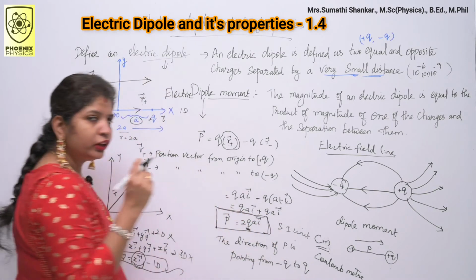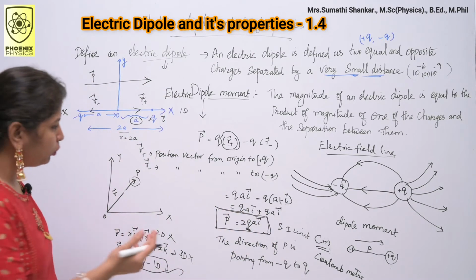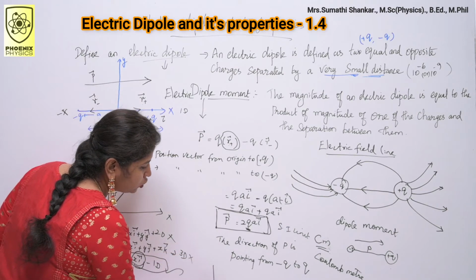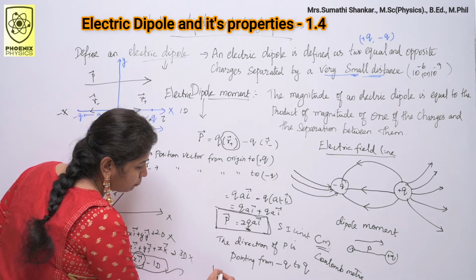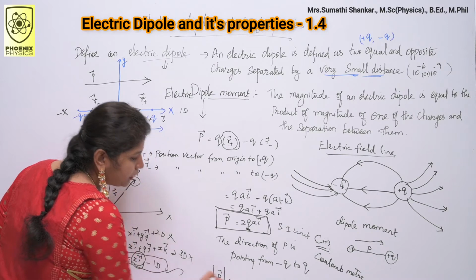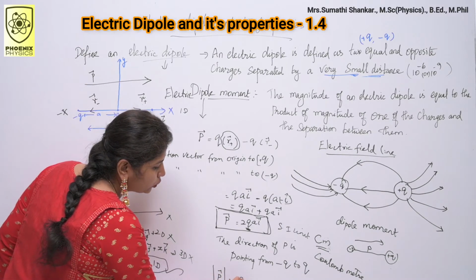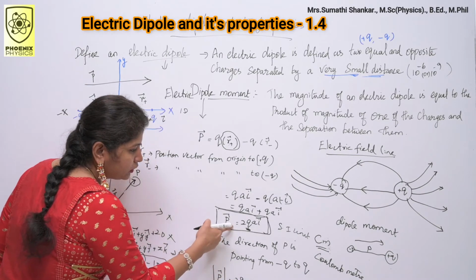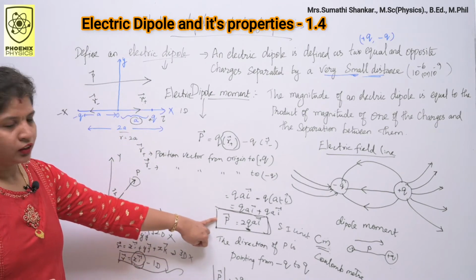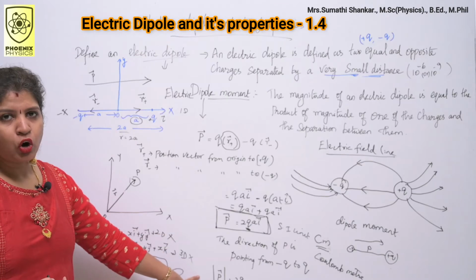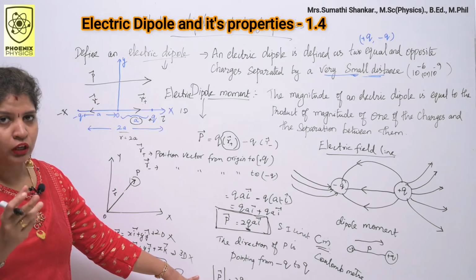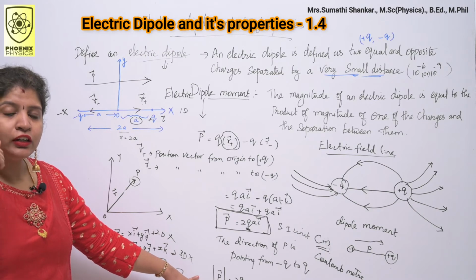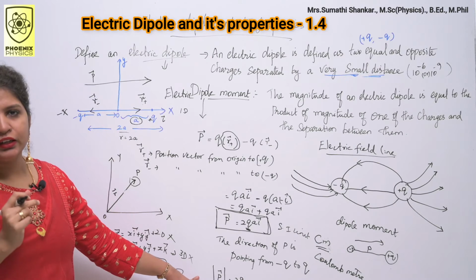Then how do you find out the magnitude of the dipole moment? You can mark like this: modulus of P is equal to 2QA. This is vector. Here I am taking modulus. Modulus means magnitude alone. Then how do you define the magnitude of electric dipole moment?